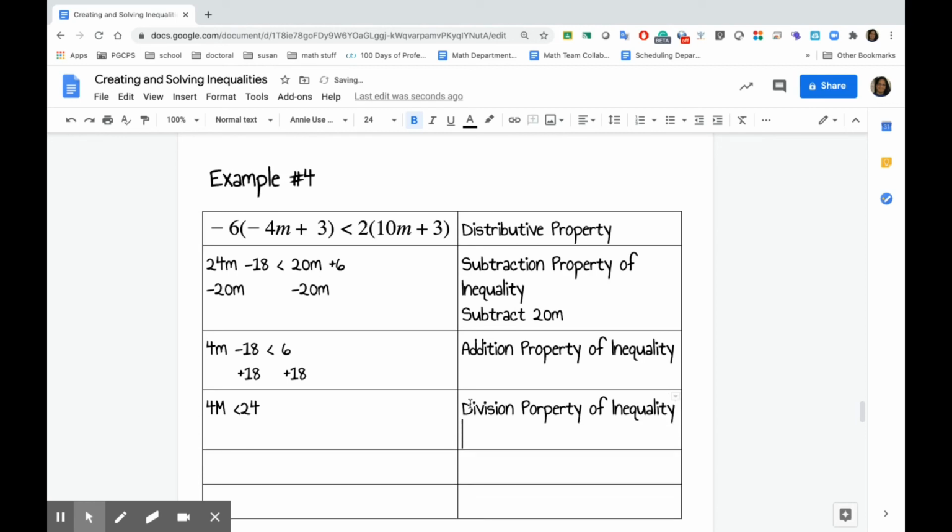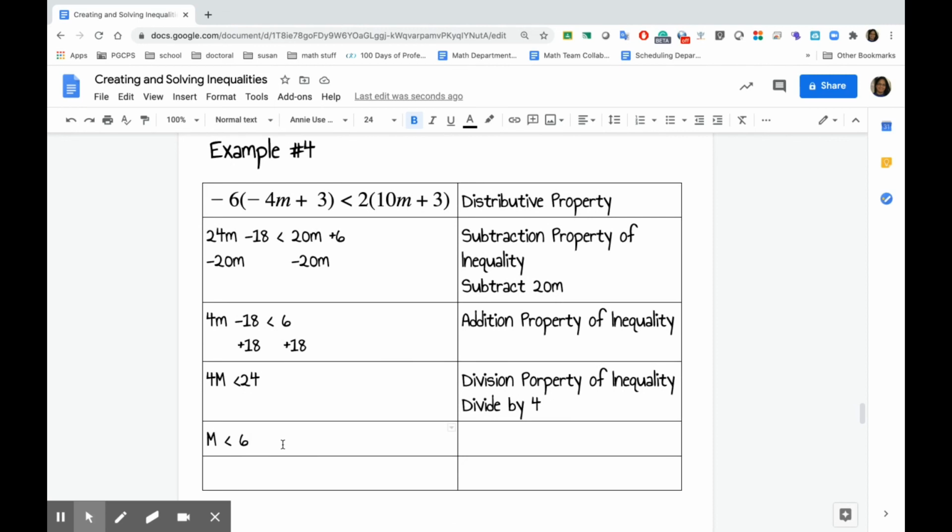So we'll divide both sides by 4. So m is less than 6. The solutions to the inequality are all real numbers that are less than positive 6. Using set notation, the solution is all real numbers m such that m is less than 6.